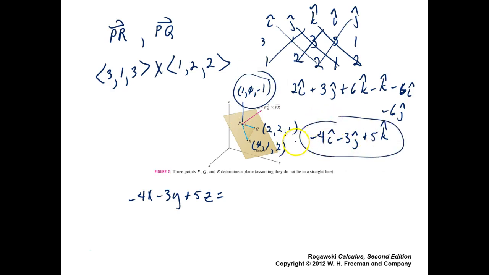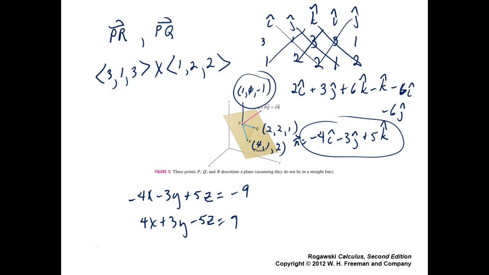This is the normal. Okay? So that would be minus 4 plus 0 minus 5. That's equal to minus 9. Okay? Now, if you don't like all that many minus signs, change it to 4x plus 3y minus 5z is equal to 9. I like that better. Same thing, you just multiply by minus 1.